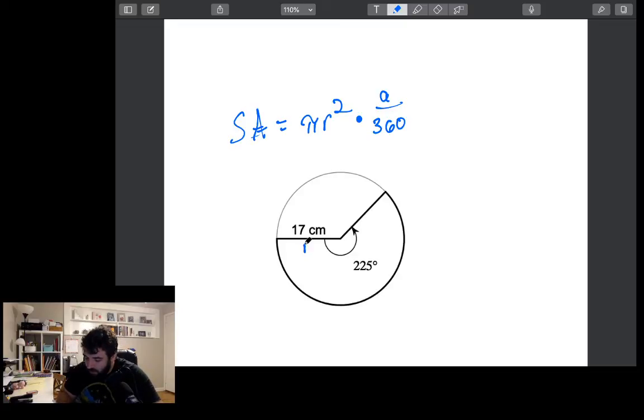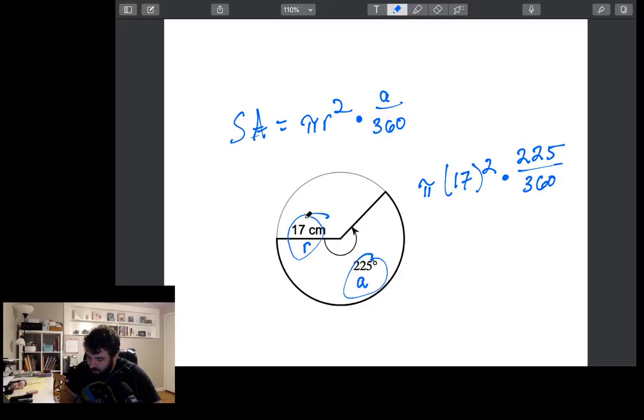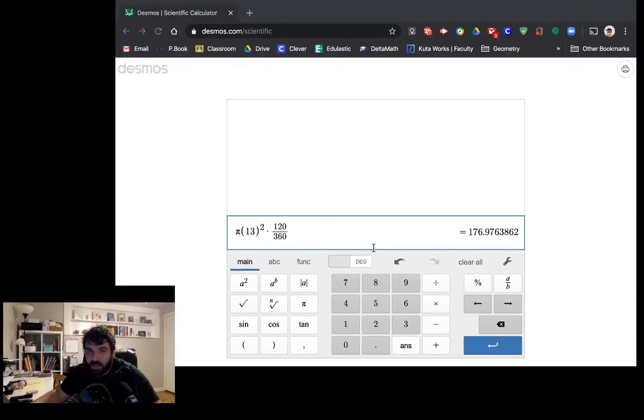All right, so of course, this is our radius here. This is our arc measure. So I'm going to go pi times 17 squared times 225 over 360. Just plug it in for the A and for the radius. That goes straight in.